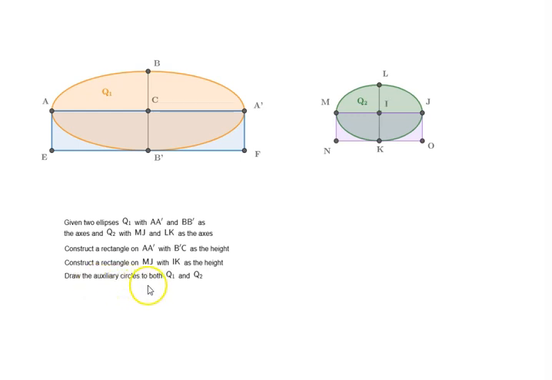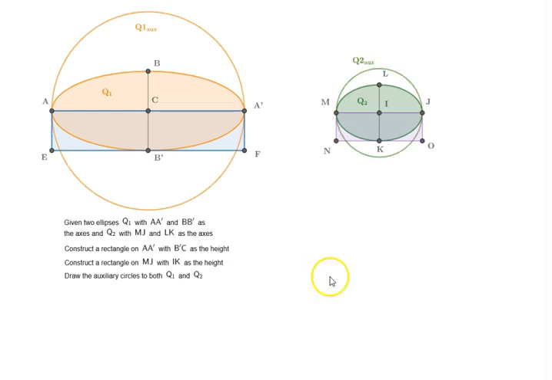Draw the auxiliary circles to both Q1 and Q2. Let's draw the circles, auxiliary circles. Q1, the ellipse, is to the circle Q1 auxiliary as BB prime is to A prime.